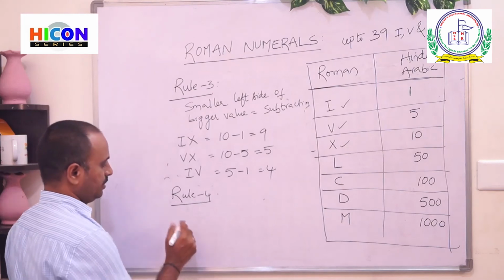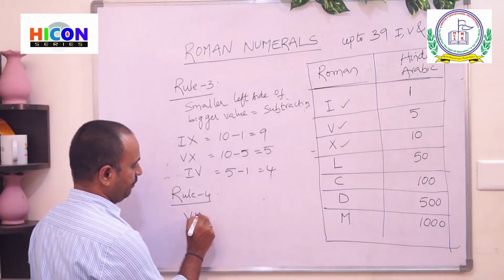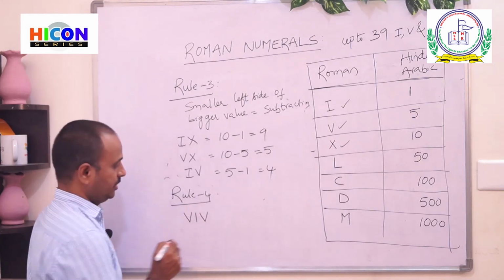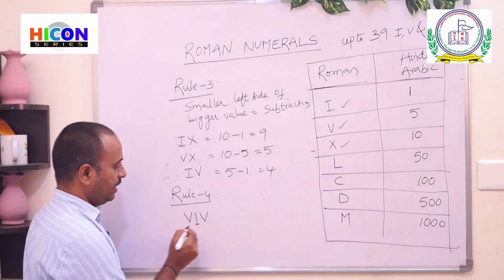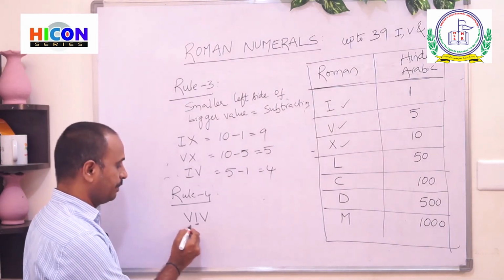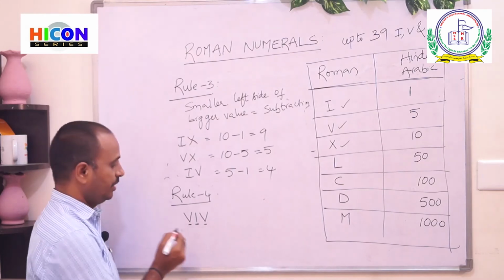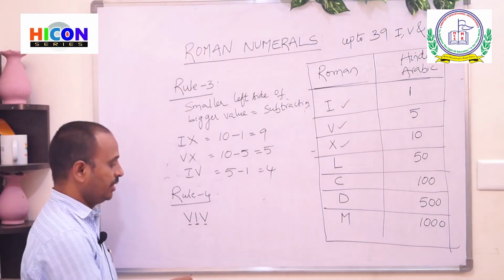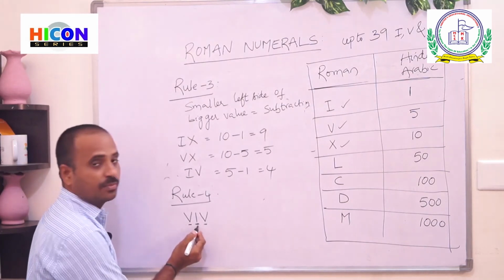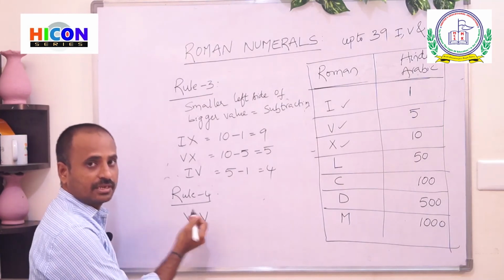So children, let us see. So here, VIV. Children, here I is the smaller value and this smaller value is placed in between its bigger values V and V. If a smaller value is placed in between the bigger values, we have to subtract that smaller value from the symbol present on its right side.